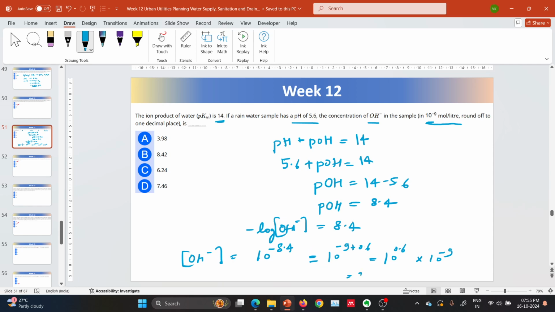Yes, 3.98 into 10 to the power minus 9 mole per liter. The answer is A.